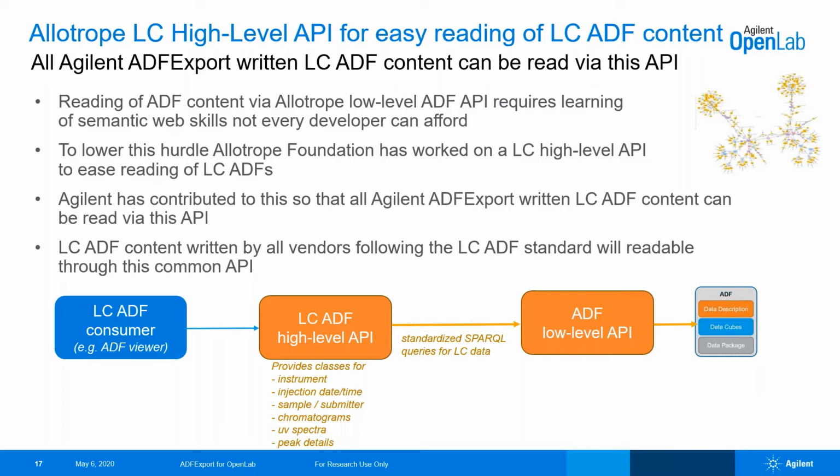The high-level API provides classes for instruments and device information, injection, sample submitter, chromatograms, UV spectra, and peak details. That is available for C# and for Java, and makes it easier for consumers to base software products on Elsie ADF.